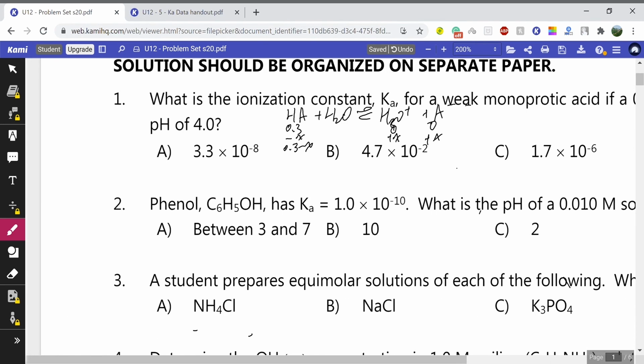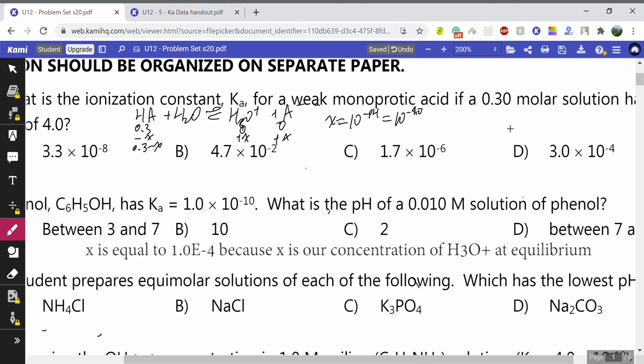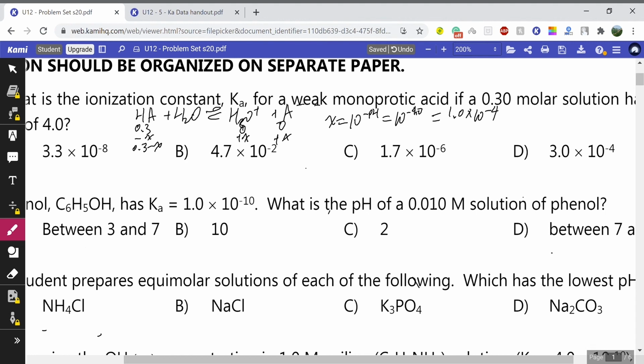So now we know the pH is 4.0. We can do x is equal to 10 to the negative pH, which is 10 to the negative 4.0, which is equal to 1.0 times 10 to the negative fourth. Now that we know x, we can find Ka.